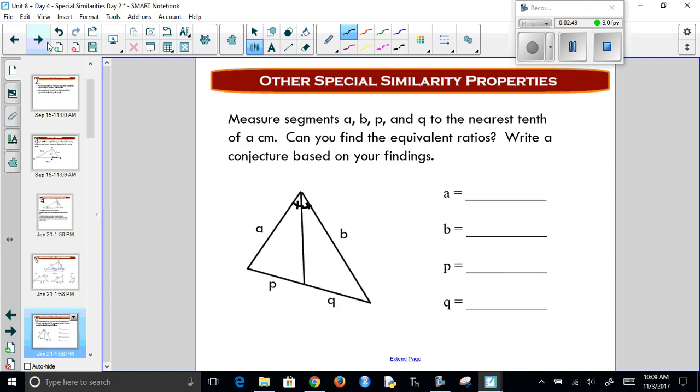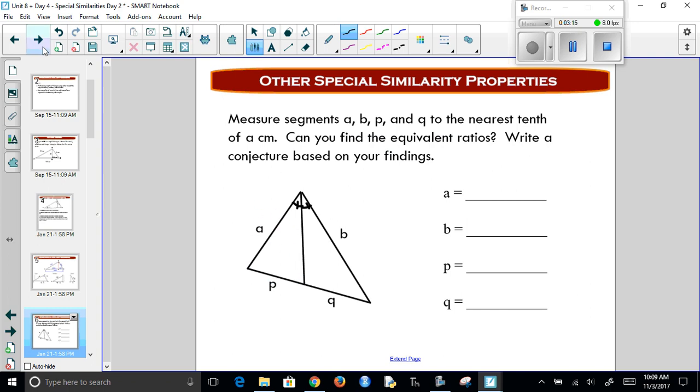in an actual problem. Now, there's another property that isn't really involved with similar triangles. It's always taught in this chapter because you're using ratios, but it has to do with the angle bisector. So if I have the angle bisector, it cuts the opposite side into equal ratios.